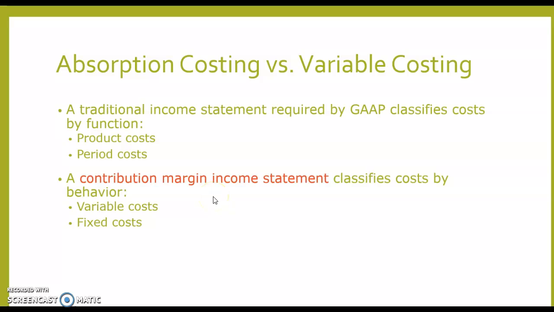Now, management tends to use a contribution margin income statement, which classifies costs by how they behave as opposed to their function. Variable costs vary according to volume. If we build more dog houses, we're going to have more direct materials, more lumber and shingles, so that would be a variable cost.